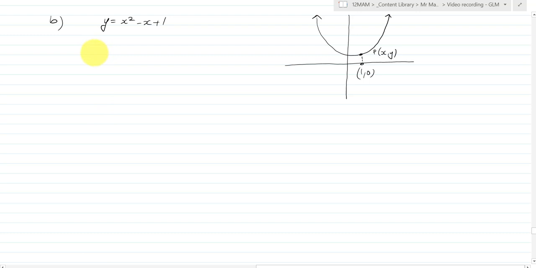This time I might not use D, so I don't fall into the dD trap, and instead I'll use the distance as A. So let's say A, this distance here, is equal to the square root of (x minus 1) squared, remember it's (x2 minus x1) squared, plus (y minus 0) squared. So I've got x minus 1, y minus 0 there.